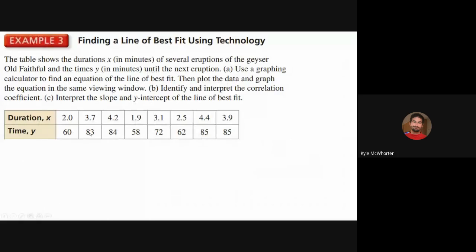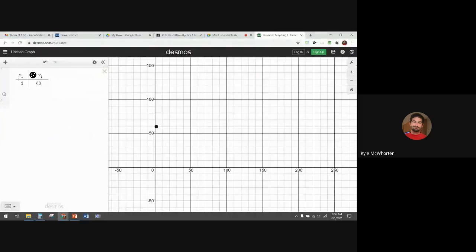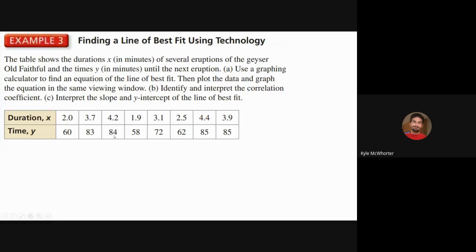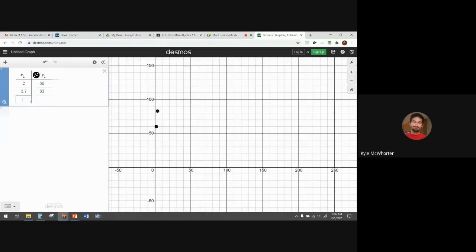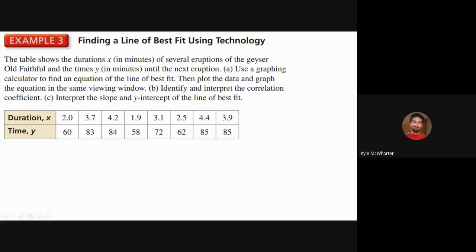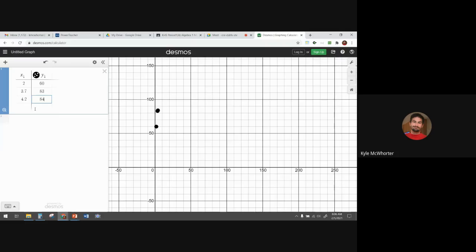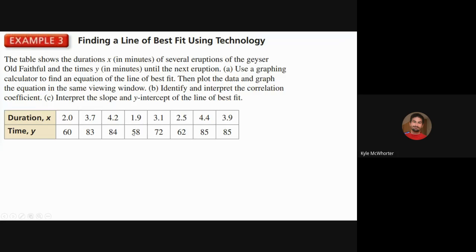When x is 3.7, y is 83. 3.7, 80. And 4.2 and 84. And 1.9 and 58. And 3.1 and 72.